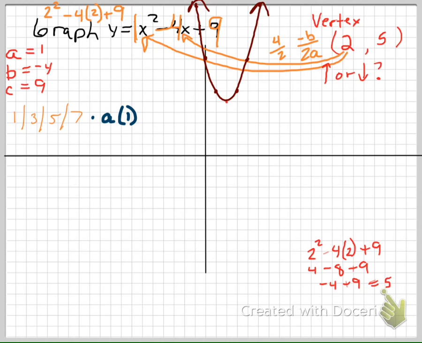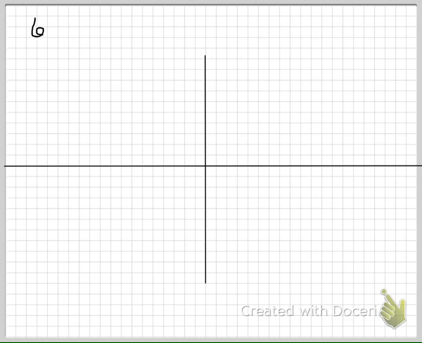So just by looking at a problem, before I do anything, I know if it's going to be up or down by looking at the A. If the problem starts off positive, it's going up. If the problem starts off negative, it's going down. So this one we knew was going to be up. It goes up if A is positive. It goes down if A is negative.